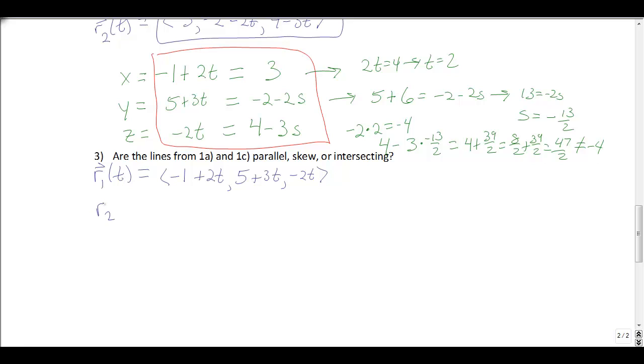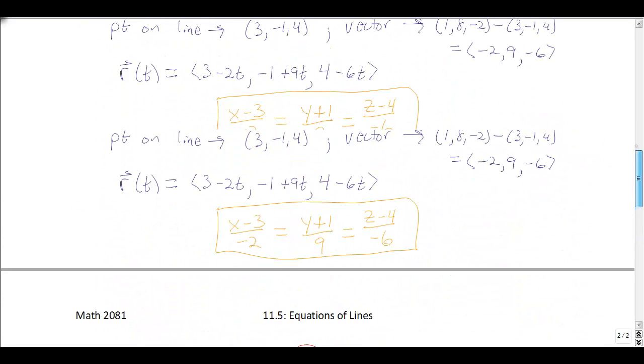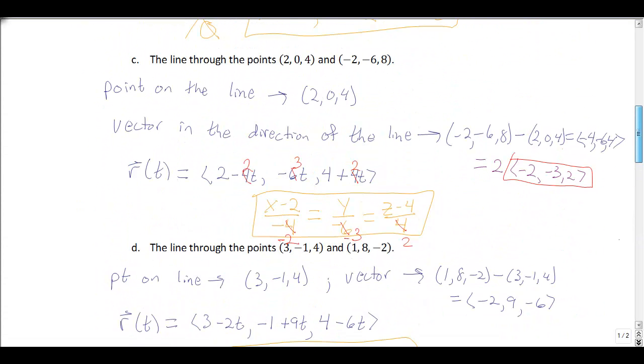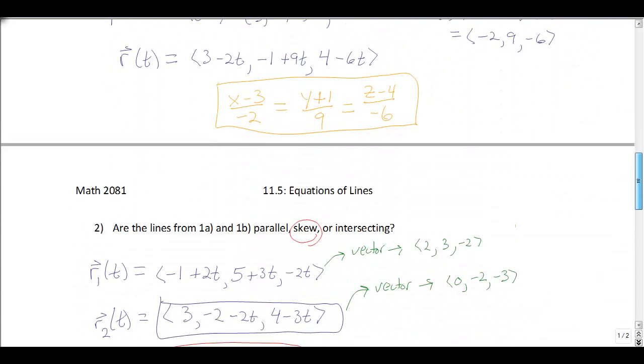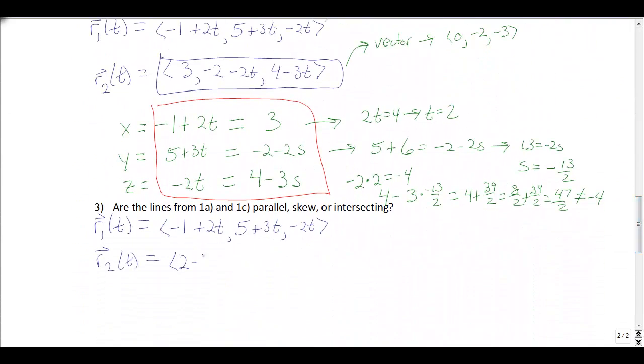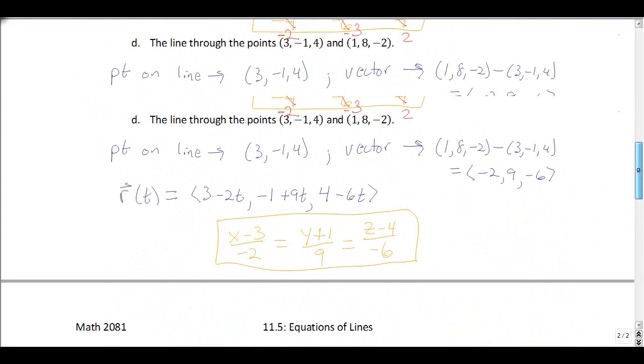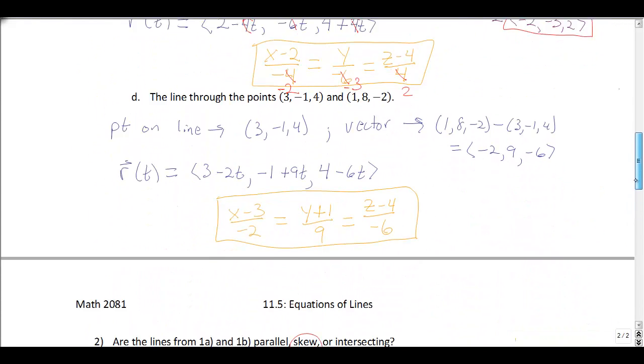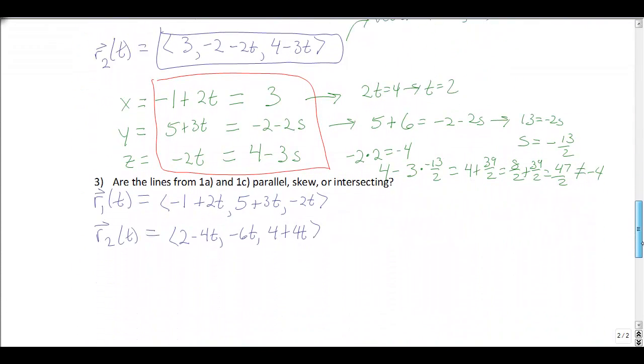R2 of t is 2 minus 4t, negative 6t, and 4 plus 4t. Let's just look back up and verify that that's what that was. 4 plus 4t. Yep, so there we go for our two equations.